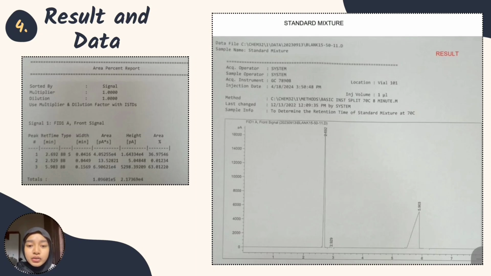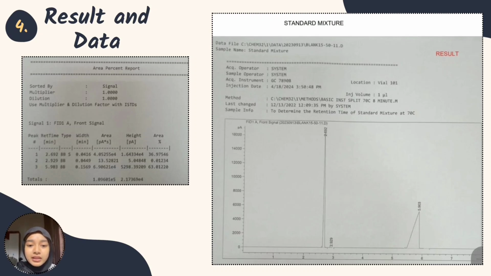The peak at 2.692 minutes contributes 36.98%, making it the second most abundant compound. The peak at 2.929 minutes has a very small area, at 0.012%, showing that this compound is present only in a trace amount or as an impurity.